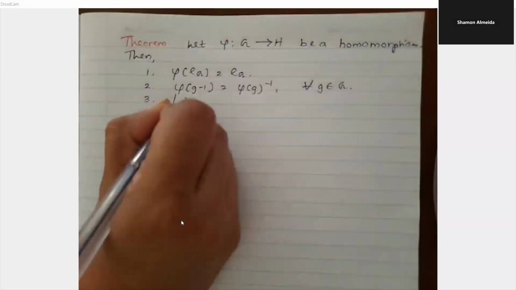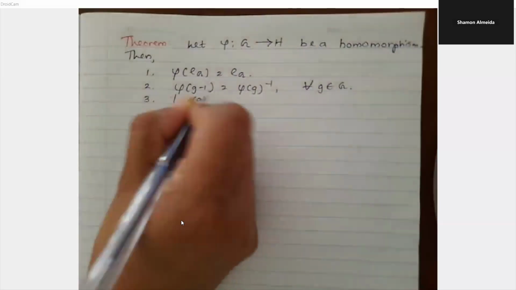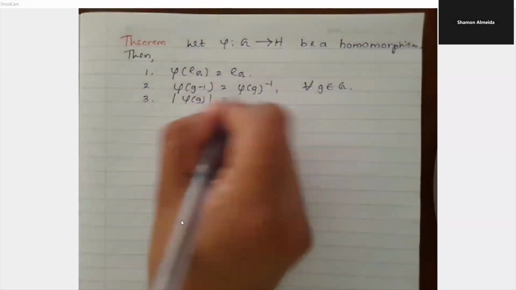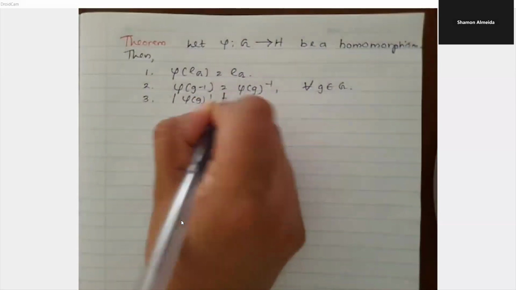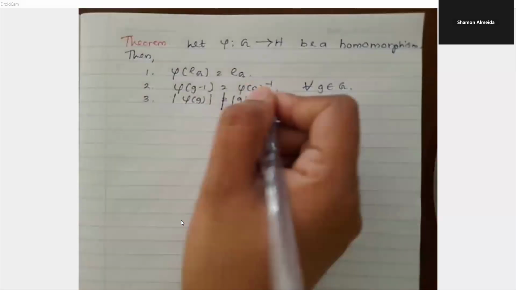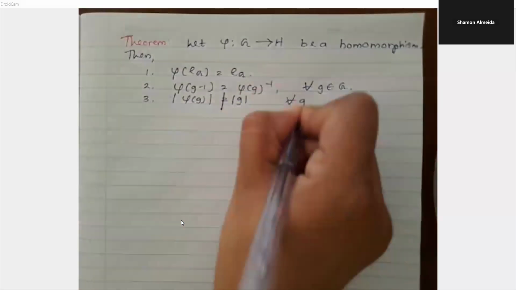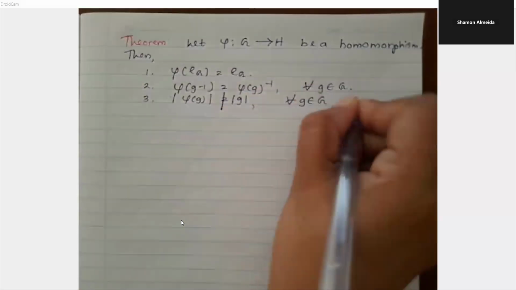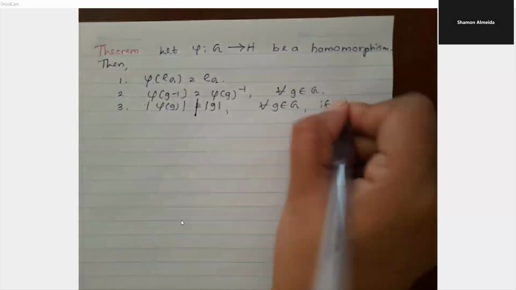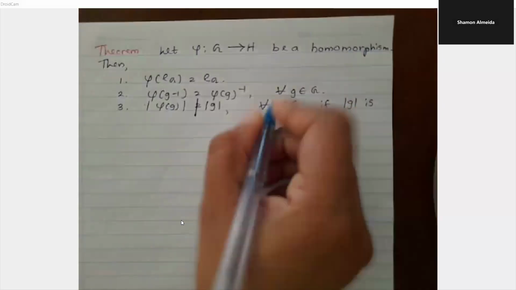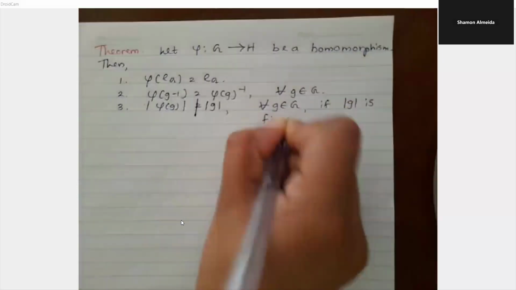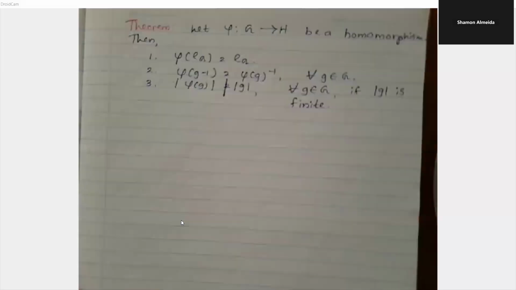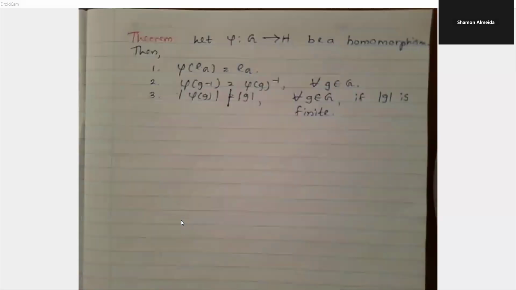And then we have the order of phi of g divides the order of g, for all g in G, if the order of the element is finite.